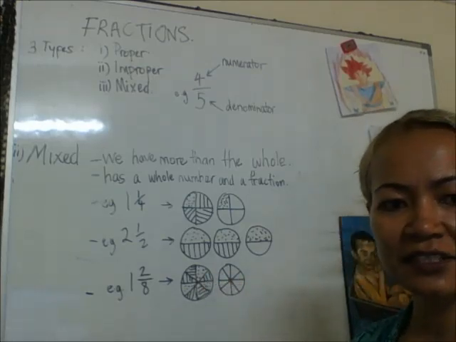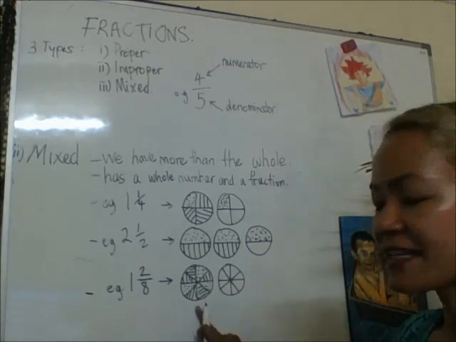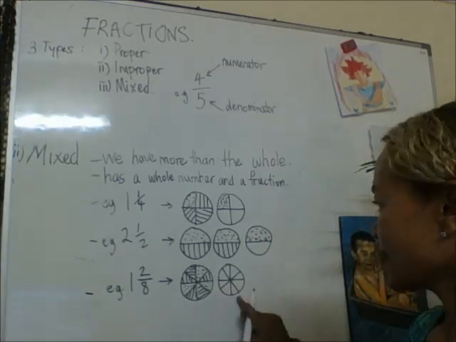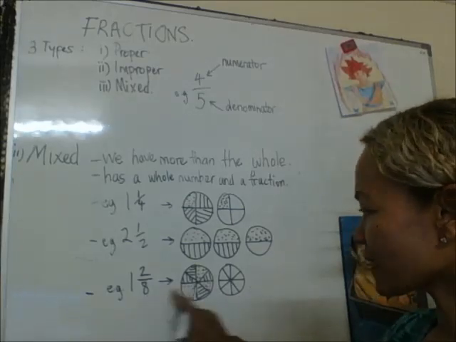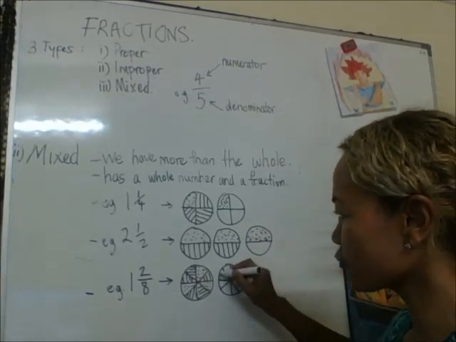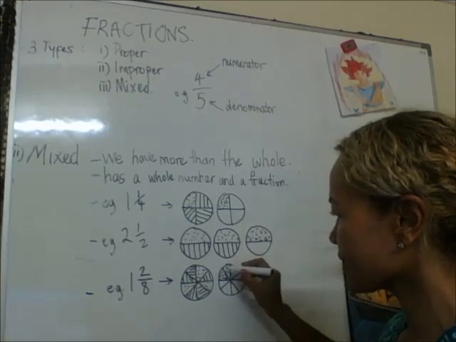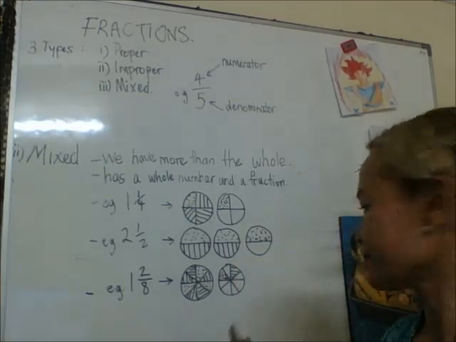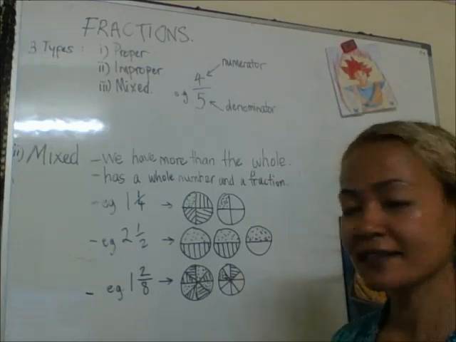Right, all 8 parts are shaded. That's 8 over 8, and it also is equal to 1. Now the second part of it, 2 out of 8, so I'm only going to shade 2 parts out of the 8. Doesn't matter which 2, but I've shaded 2 out of the 8.